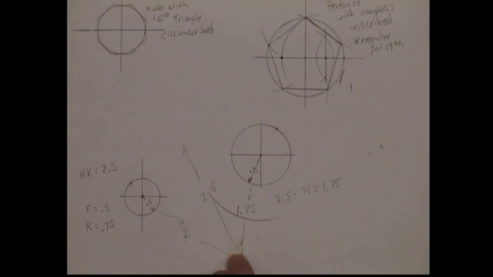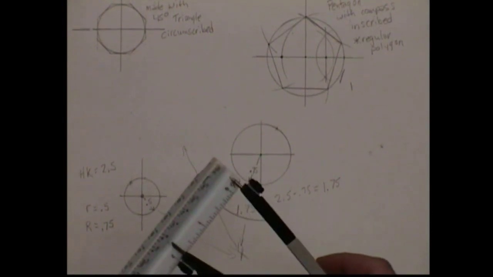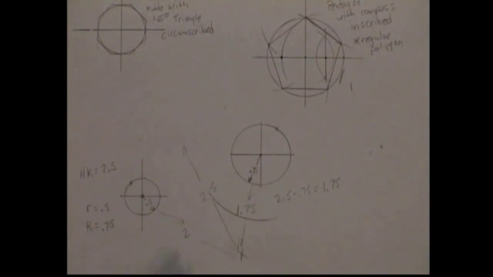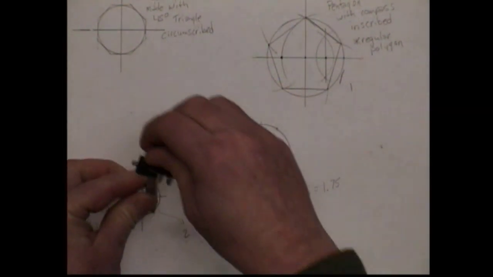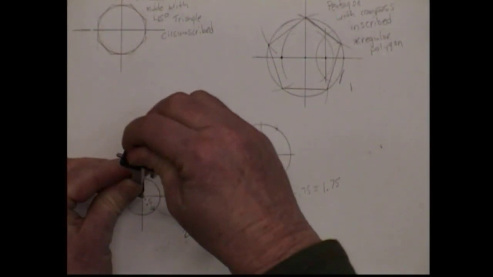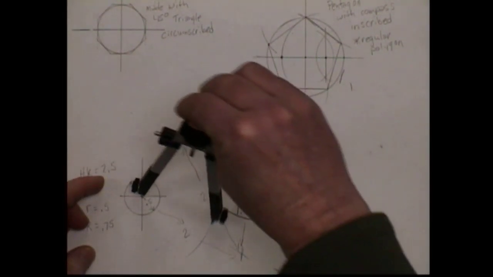I was a little off on my guessing, right? That's why we have to actually do this. And then I'm going to set my compass to 2. So I've got it set to 2 inches. I'm going to put my needle point here, and I'm going to strike an arc.